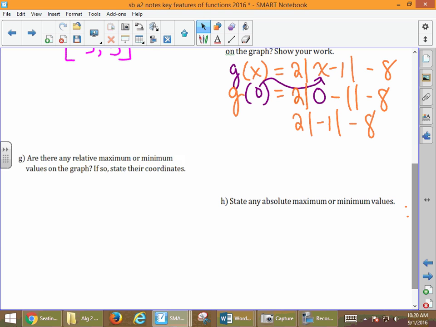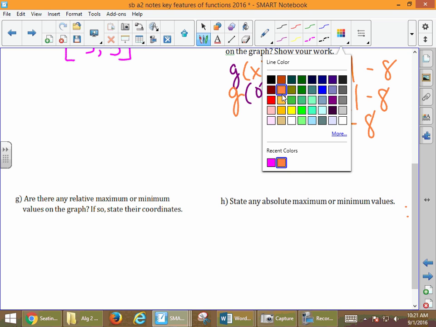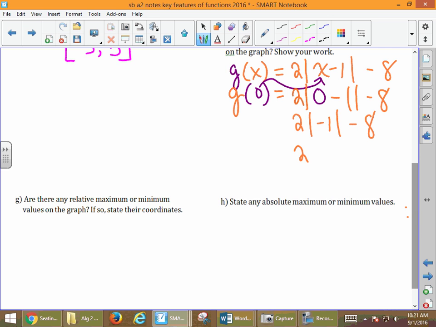So what is the absolute value of negative 1? Matthew? 1. It is. So when we fix that, here it's 2 times 1 minus 8. 2 times 1 is 2, minus 8, which gives us negative 6.